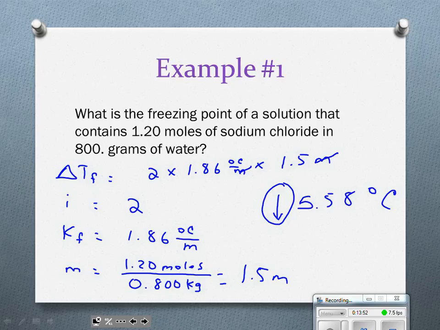Is that given on that chart? Absolutely. So what's my new freezing point going to be? Negative 5.58 degrees Celsius. How did I get that? I took 0 and I subtracted that value because it's freezing point depression. Freezing point is going down.